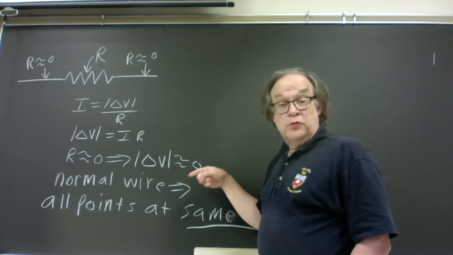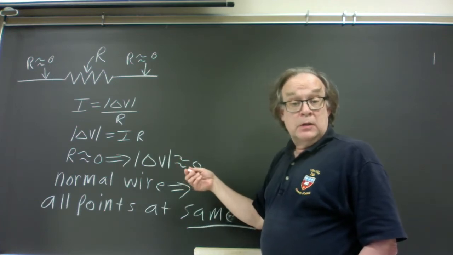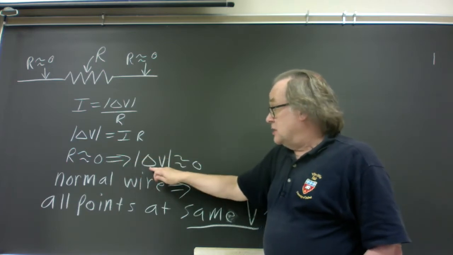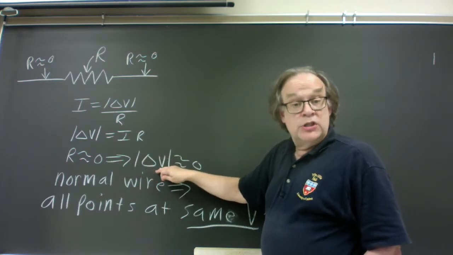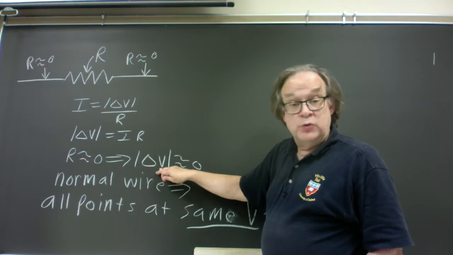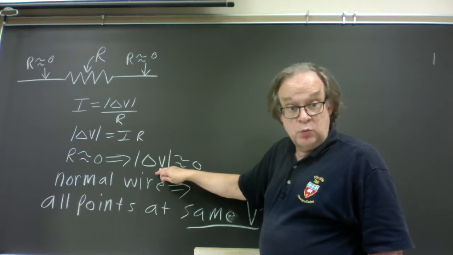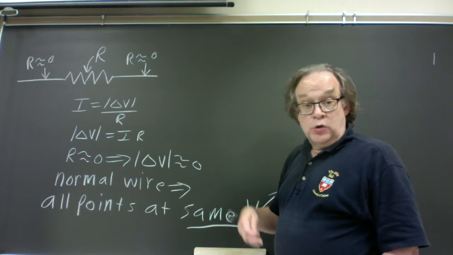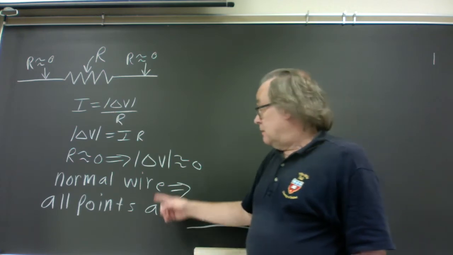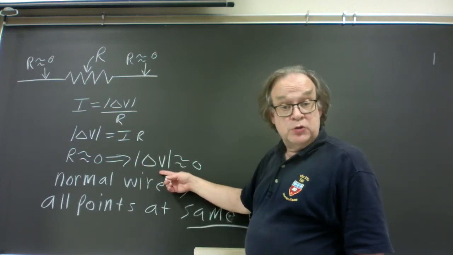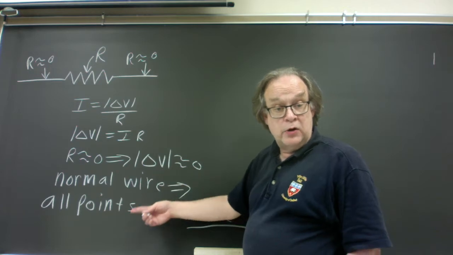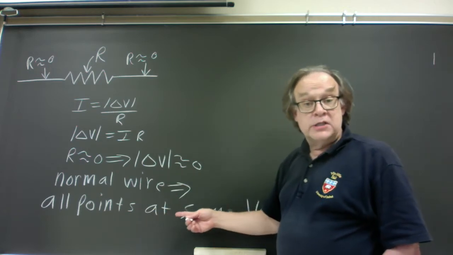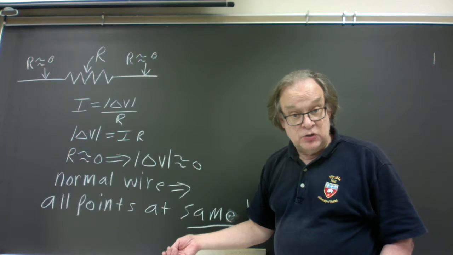In other words, for normal wire with just about zero resistance, there's just about zero potential difference between any 2 points in that wire. Or to put it another way, there's no potential difference between any 2 points in a normal wire, then all points are at the same potential.